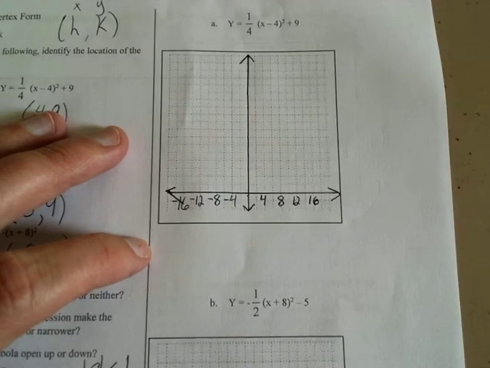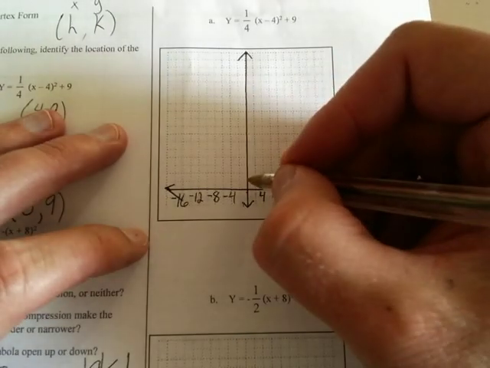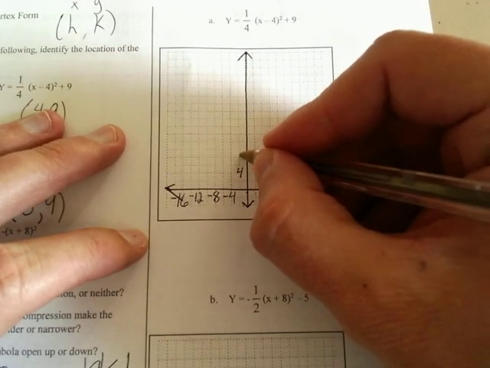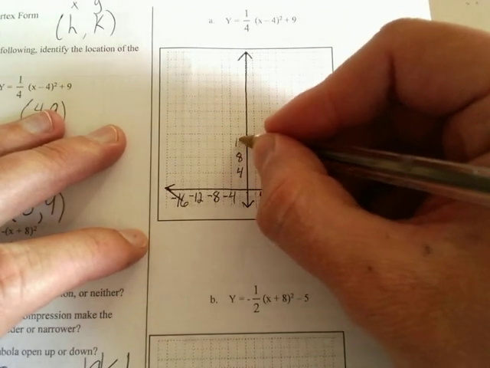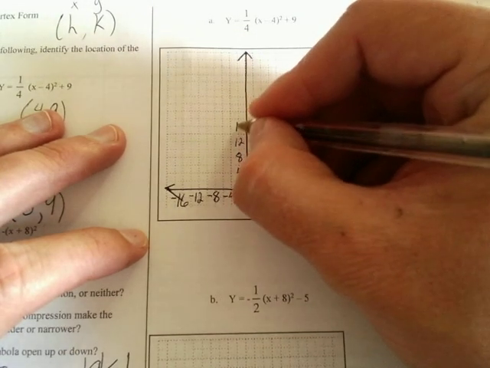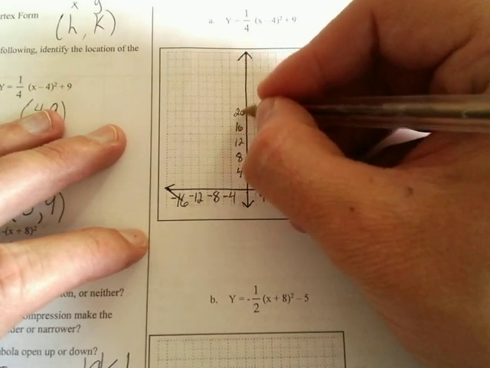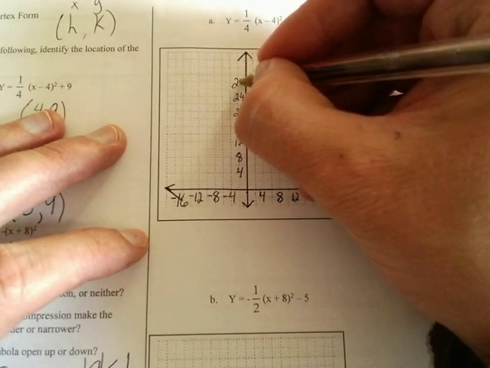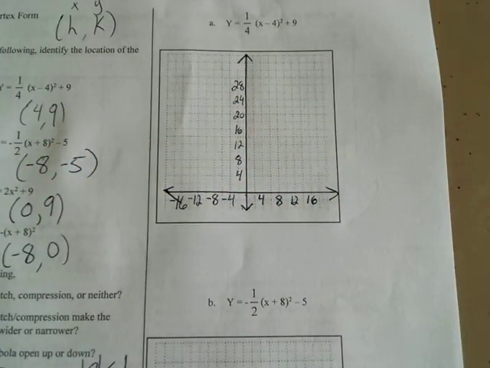There you go. And then in the y direction, by 2 again: 2, 4, 6, 8, 10, 12, 14, 16, 18, 20, 22, 24, 26, 28. That ought to get it in the y direction.